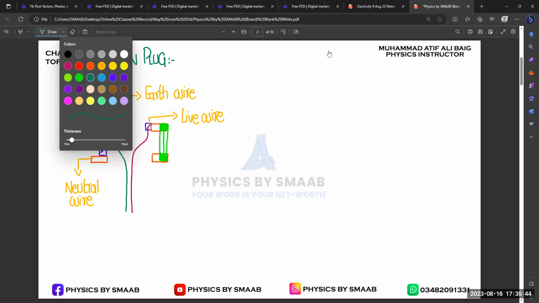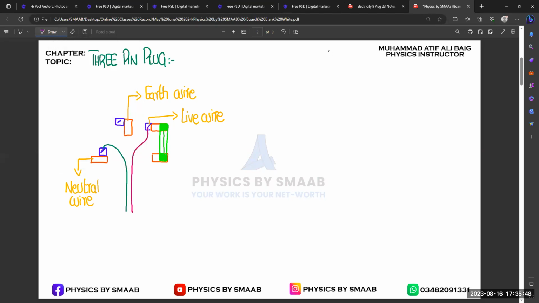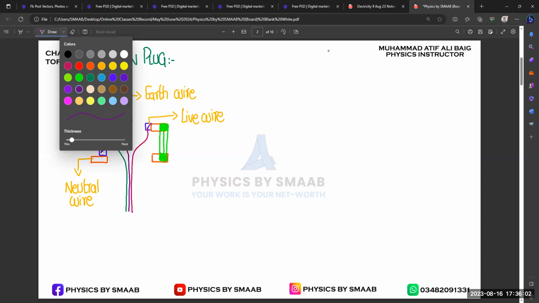And then the third one is coming from the earth wire. And then we have an insulation cap.